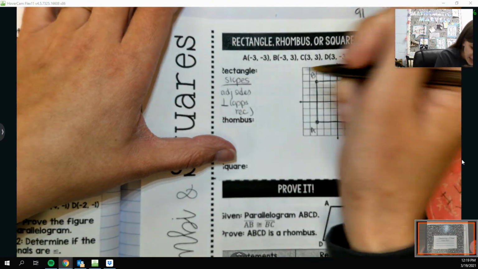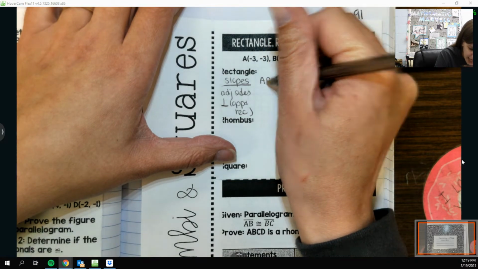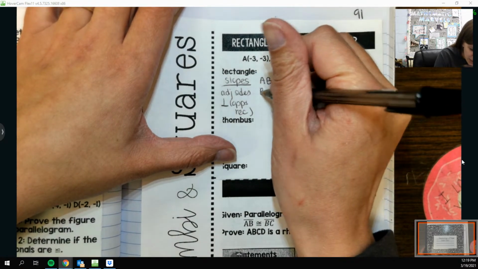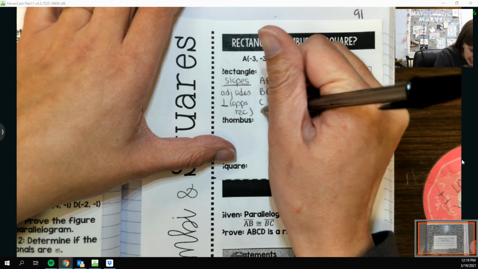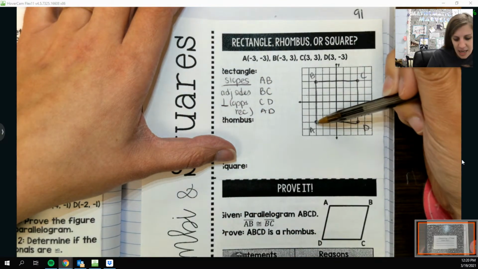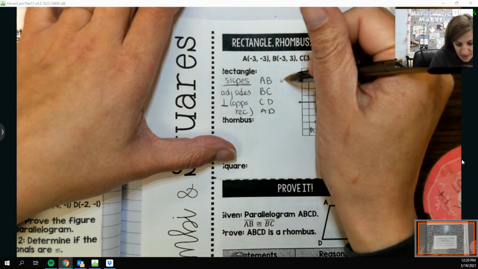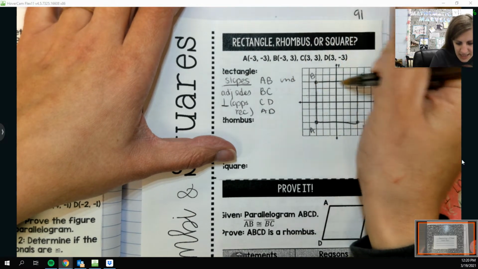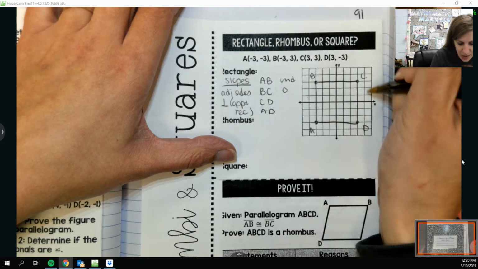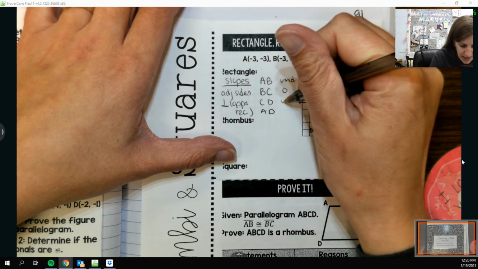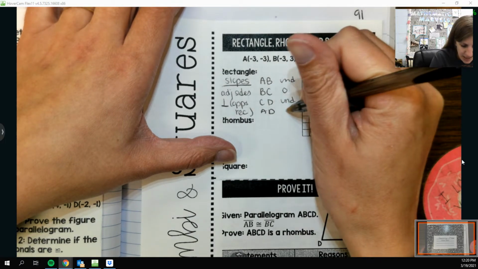So if I find the slope of each side, AB, BC, CD, and AD, now AB is a vertical line which has undefined slope. BC is a horizontal line that's got 0 slope. CD is undefined. AD is 0.